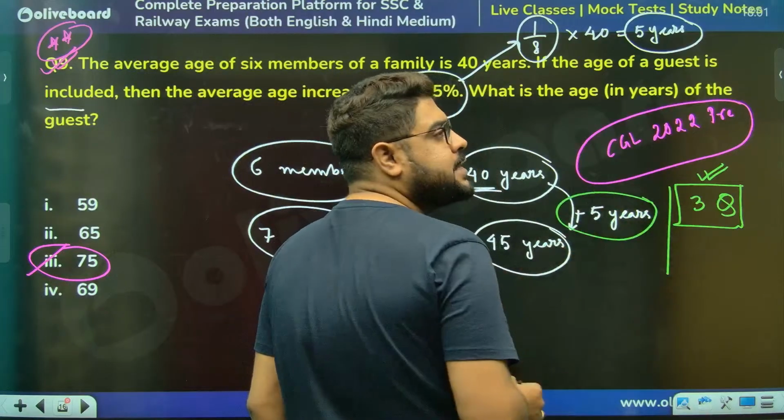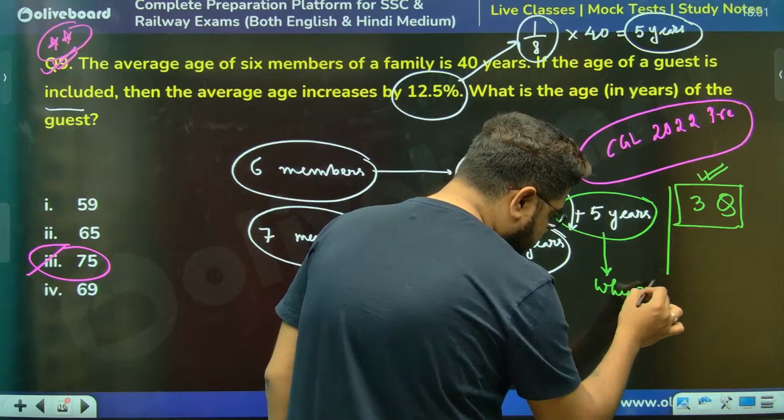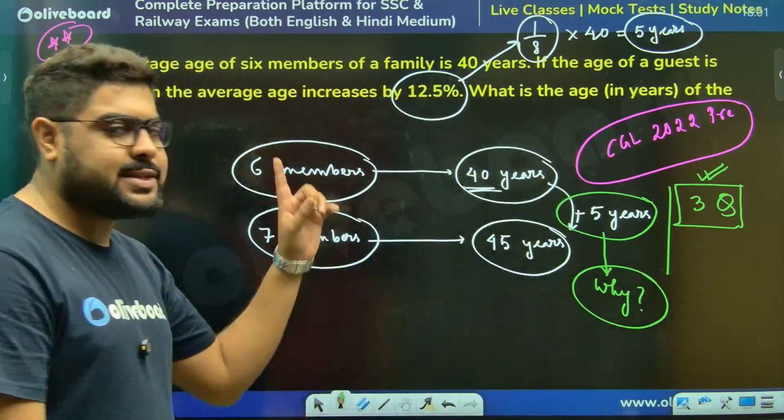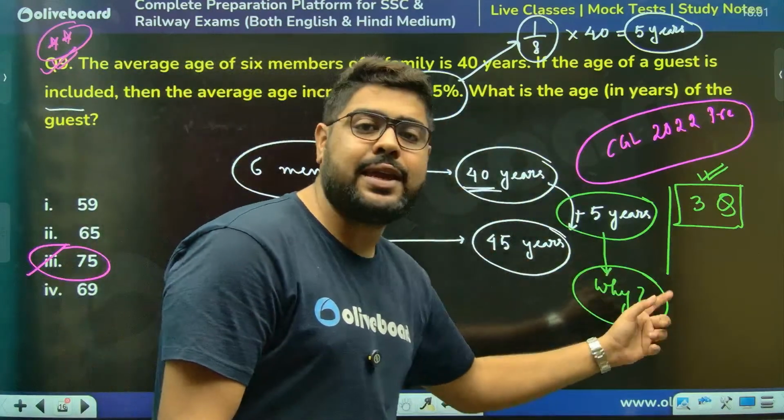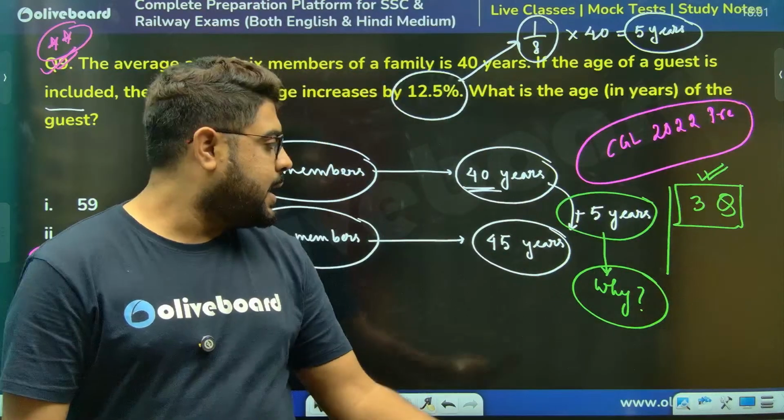The average age increased by 5 years. First question you ask yourself is, why? Why has the average age increased by these 5 years?